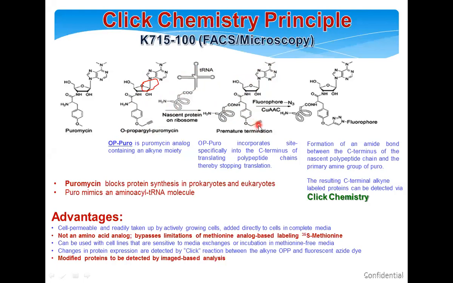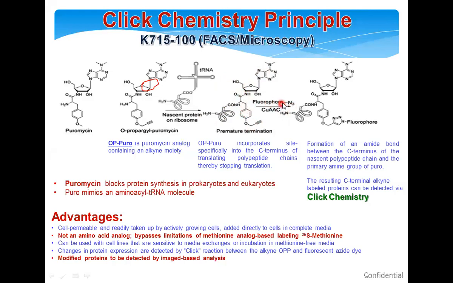This leads to premature termination because the analog binds to the C terminus of the newly translating polypeptide chain, and that's how it stops the translation. So protein synthesis stopped.